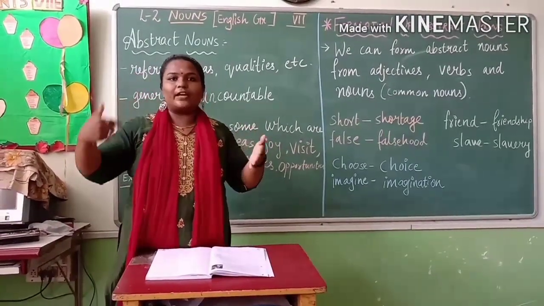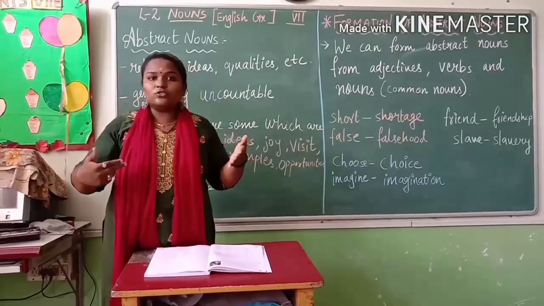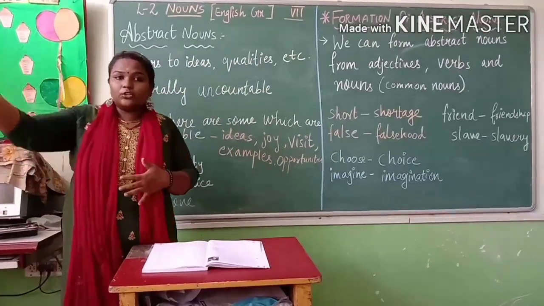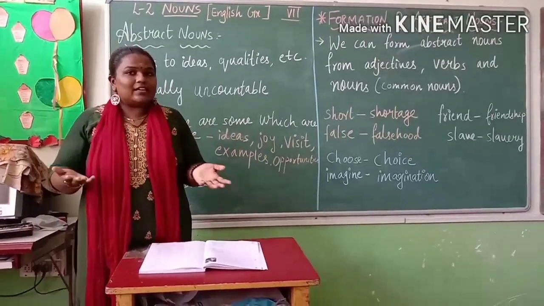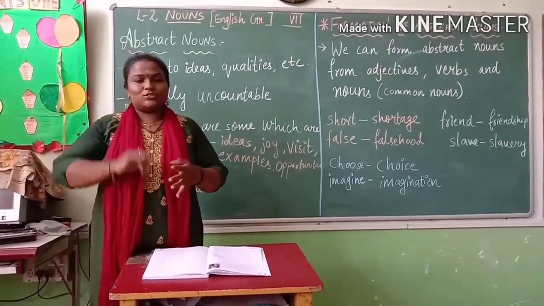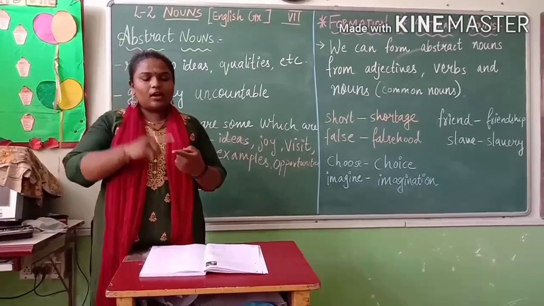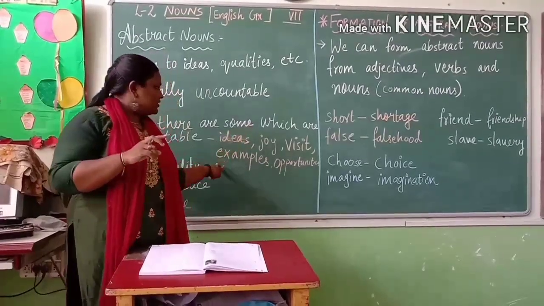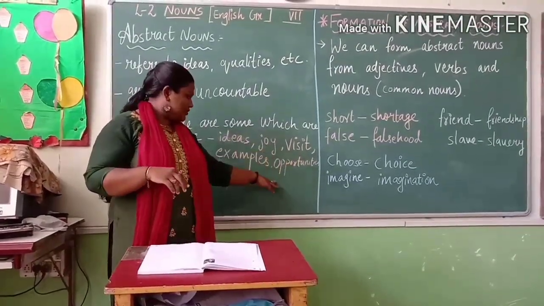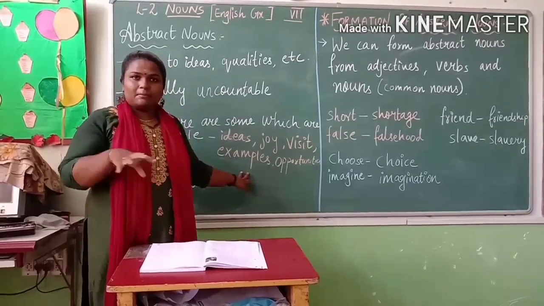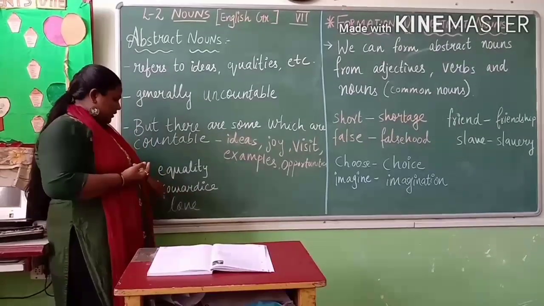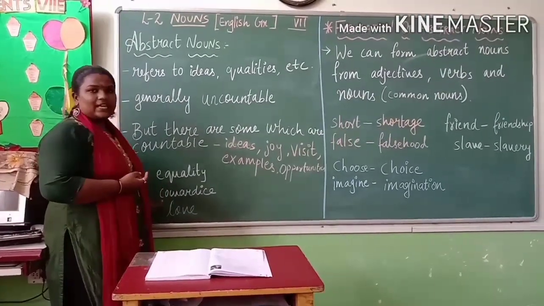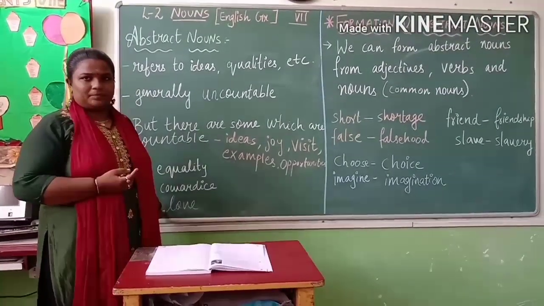Therefore, the number of ideas, the number of opportunities, the number of visits you make to some places can be counted. But how much you felt in that place cannot be counted. So in general, we can count how many ideas, how many visits, how many opportunities, how many examples. But the feeling cannot be counted. Some examples are equality, love, etc.